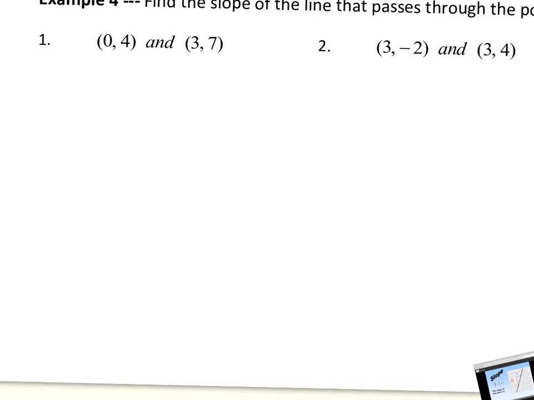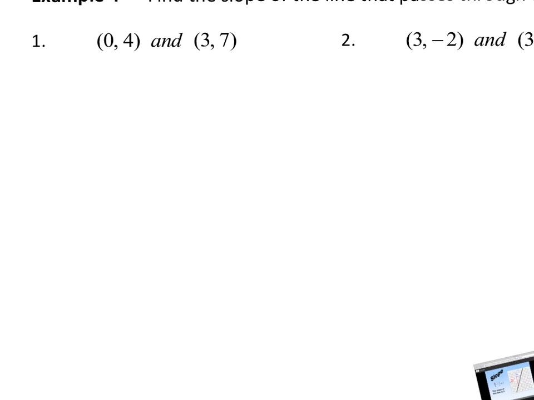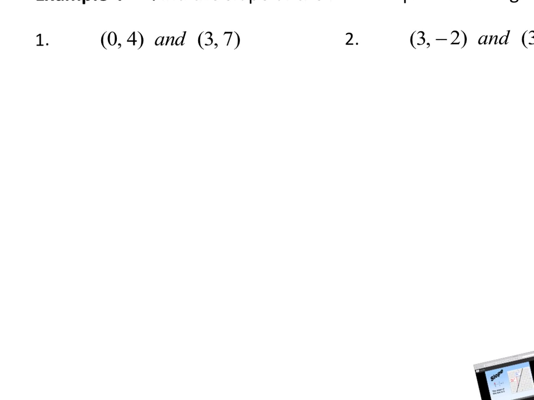So I'm going to zoom into just example number 1. And our slope formula, again, we represent slope with m. So m equals, and if you recall that formula, it is y2 minus y1 all over x2 minus x1. Those 1s and 2s are just representing your ordered pairs.